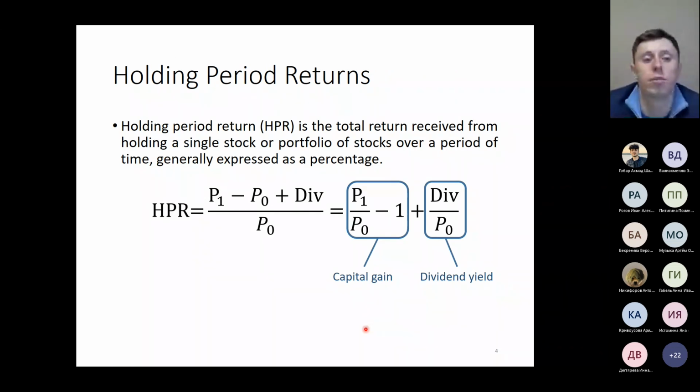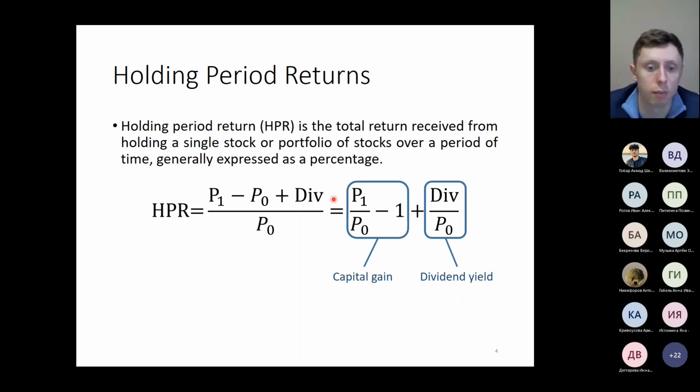Let's start by discussing the way we estimate the return. The basic estimation of return is just the total. It is an estimation of the relative income that we receive from investment in any asset.